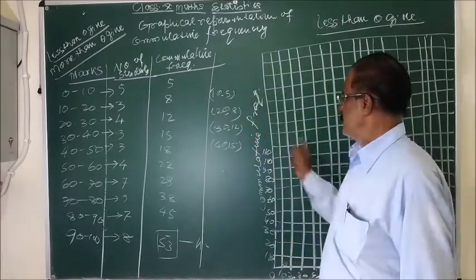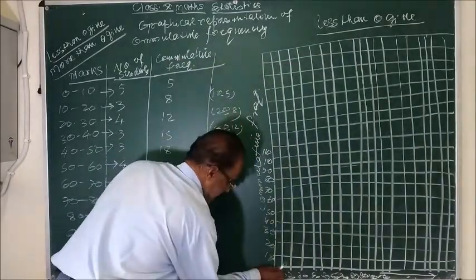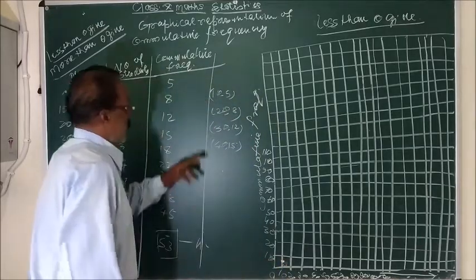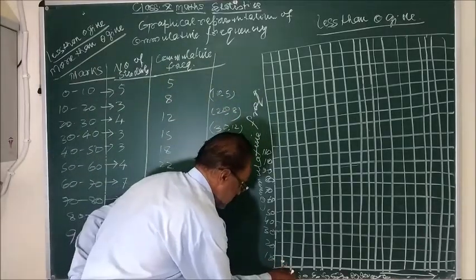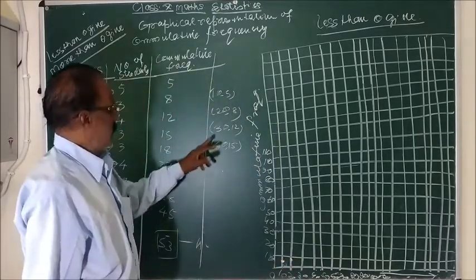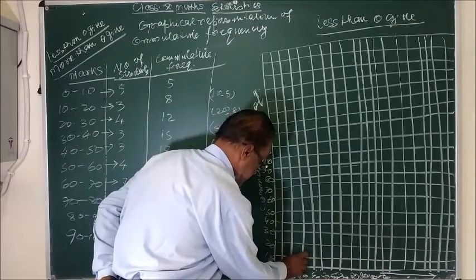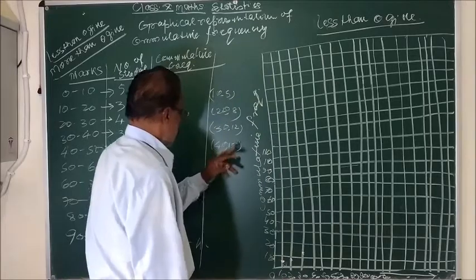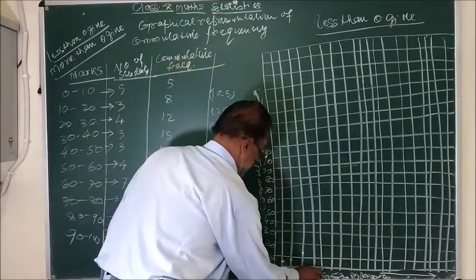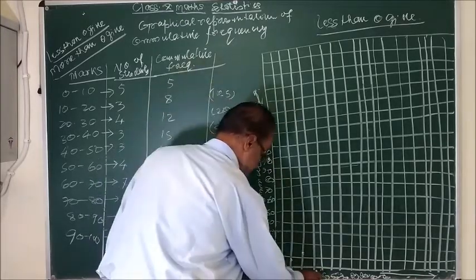So you plot these points on this graph. 10 and 5. Now you see 20 and 8. Now 30 and 12. Now you plot these points, 40 on x-axis, 15 on y-axis.